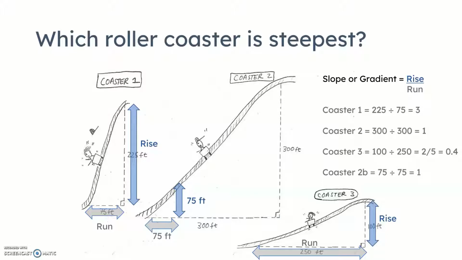So that coaster has its slope of 75 divided by 75 is 1, the same as the original coaster 2. Finally, we might look at this on an XY graph, in which case our rise would be the change in Y and our run would be the change in X.